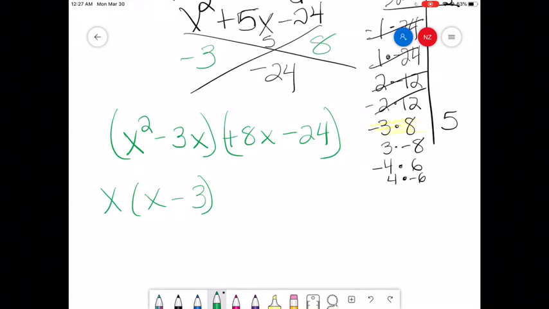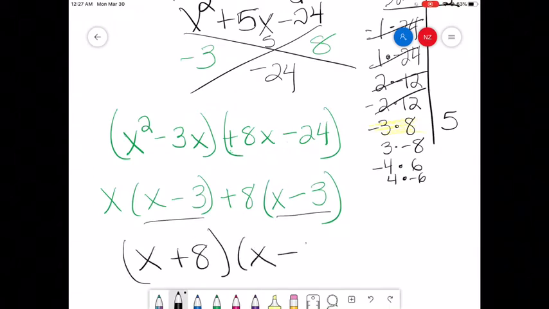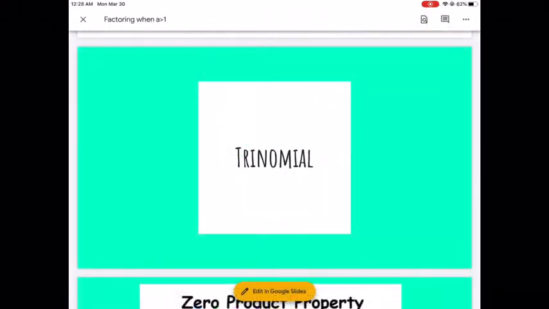Nope, that's not right because this is the different sign, so it'll be okay just to take out the greatest common factor. How about 8? So plus 8, then I'm left with x minus 3. These match, so that's good. I have x plus 8 and x minus 3. There's my answer. Now that would be the dimensions of my rectangle, if we go back to the problem.